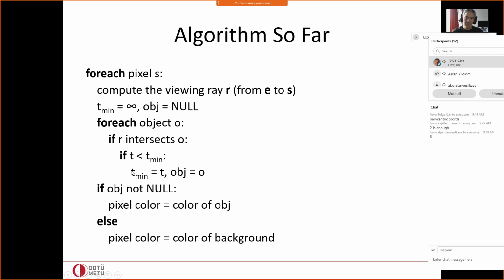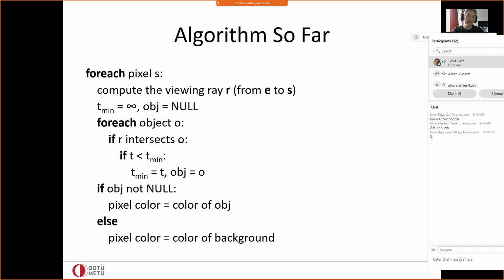Okay, if that is the case, then we update our minimum t, and we also say that this is the object that we intersect. So this is important. Not only do we maintain where the ray intersects, we also need to say which object we are intersecting with. Because if it's a triangle, the color computation would be different because the triangle surface normal at that point is computed differently.